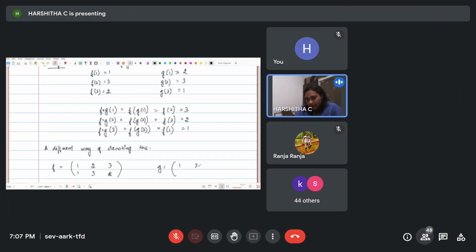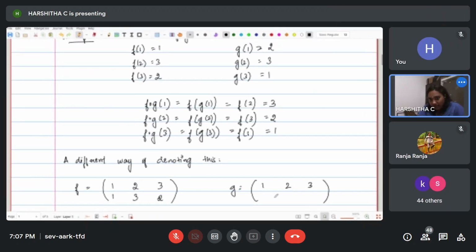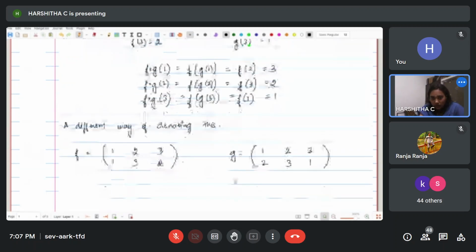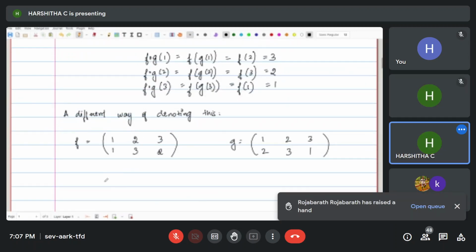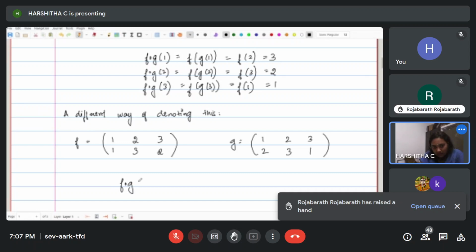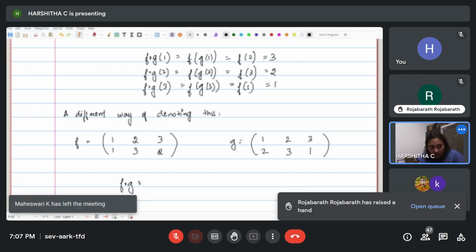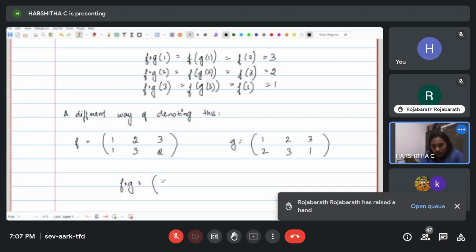And g, similarly, we do the same thing. f composite g is, right, what is the image of 1 under f composite g?